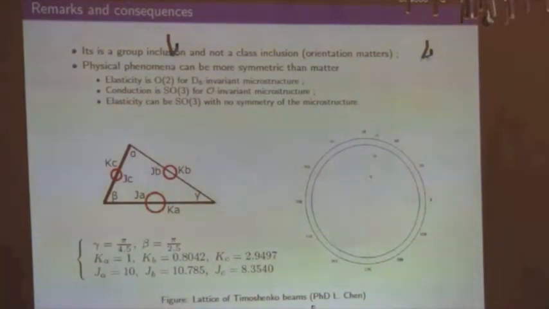Okay, remark and consequence. The orientation matters, I already spent time on that. But if you compose your structure, your material, with a lot of different materials, you can have some non-trivial examples. I can build a geometry having no material symmetry, and at the end obtain a behavior that is completely isotropic.